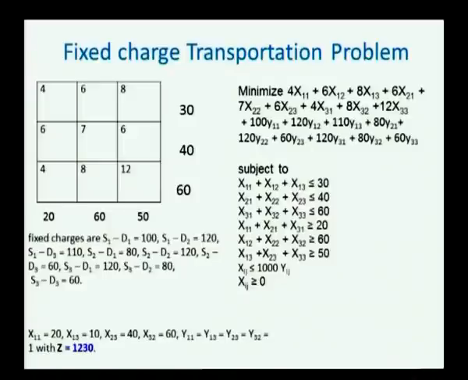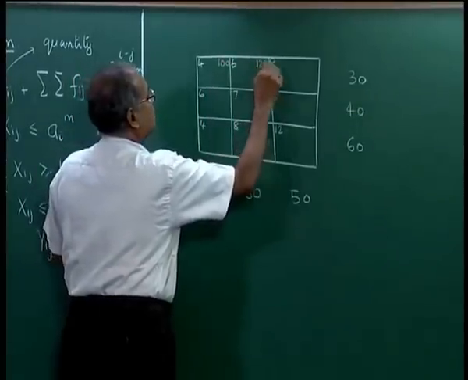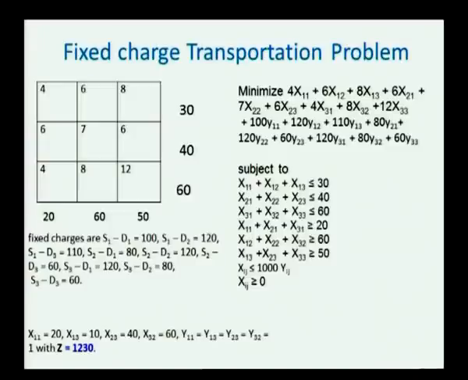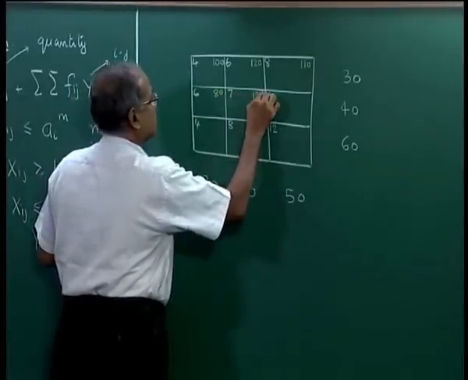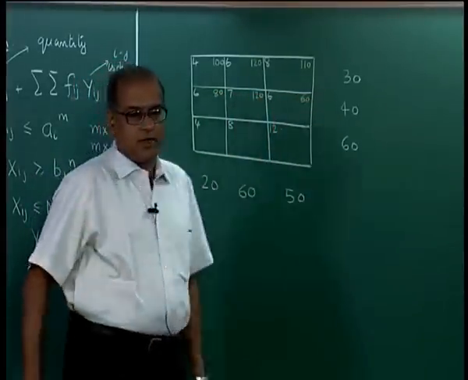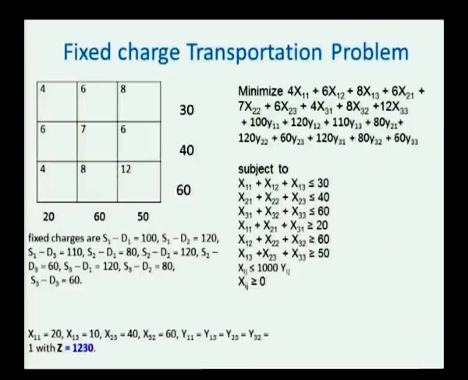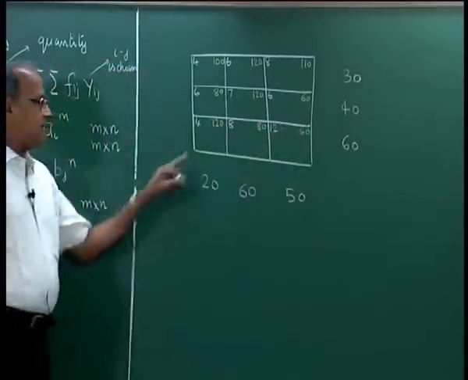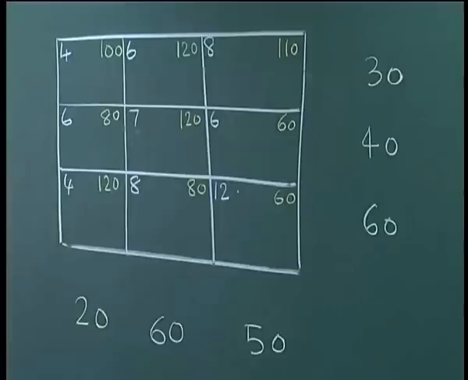So the fixed charge is 100, 120, 110, 80, 120, 60, and 120, 80 and 60. So the values shown here are the Fij values and the values shown here are the Cij values.